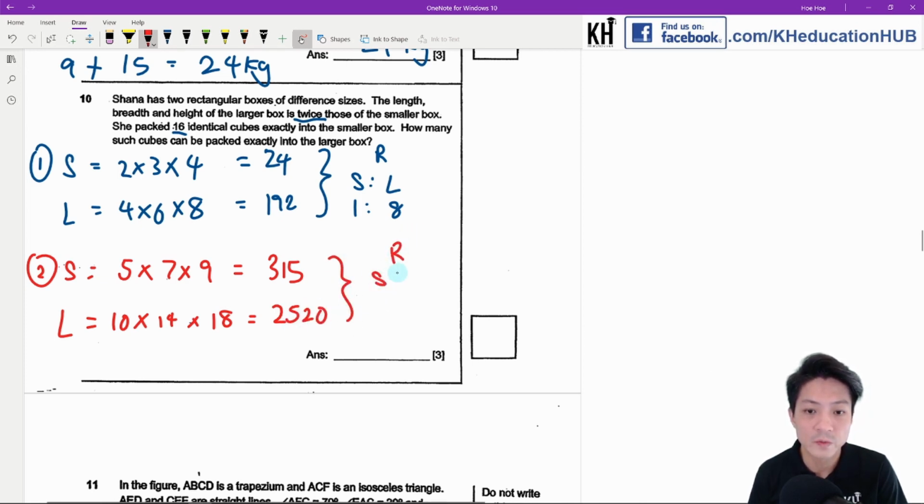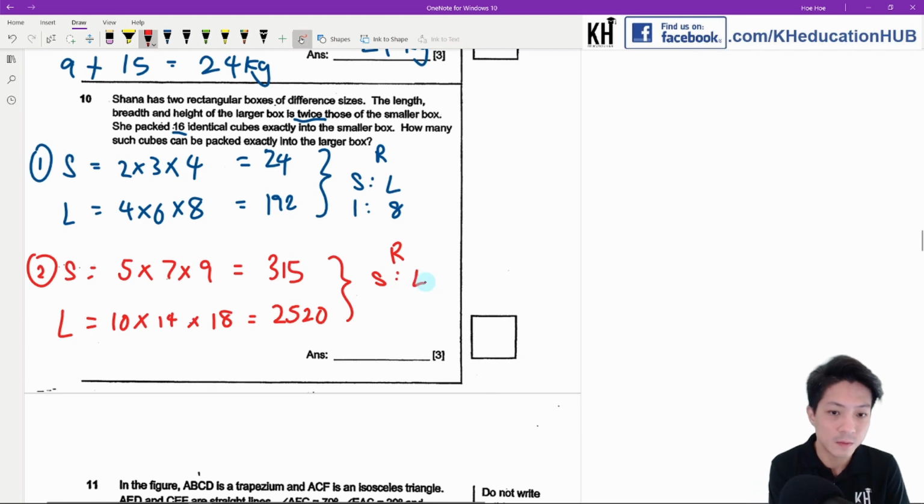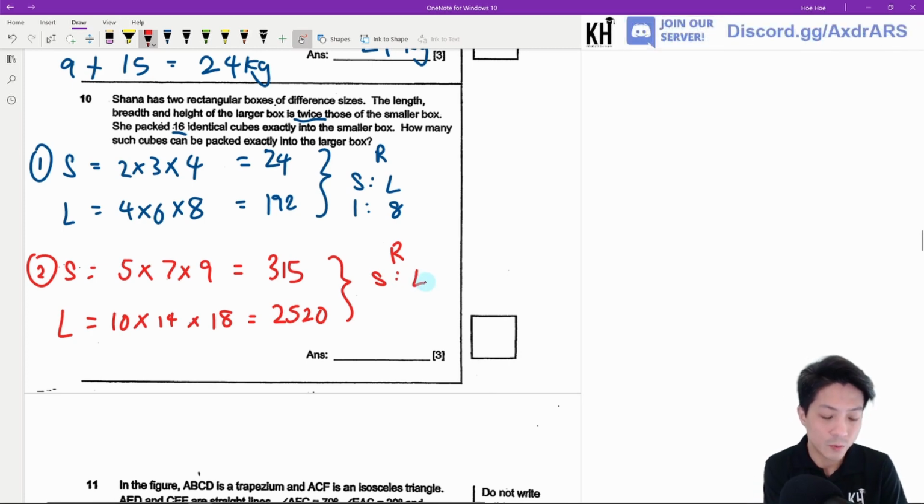The ratio of the small to the large is 315 to 2520. It's still 1:8.